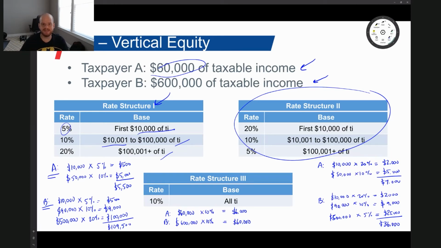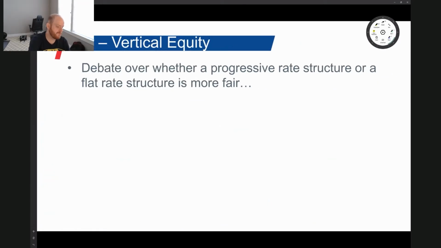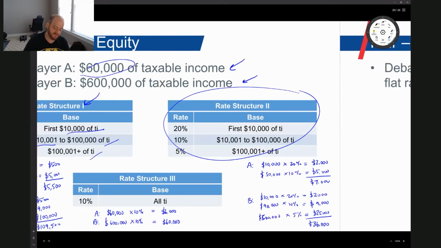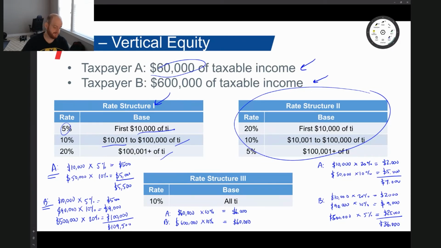But once again, there's that debate around how much more should the higher earners pay, right? Is taxpayer B getting off easy by only paying $36,000 in rate structure 2 compared to $109.5 thousand in rate structure 1? So the debate over whether a progressive rate structure or a flat rate structure is more fair would be very relevant in this example, right?